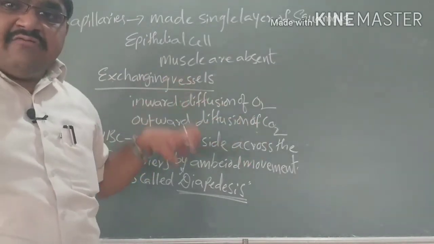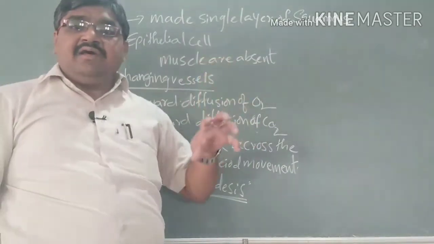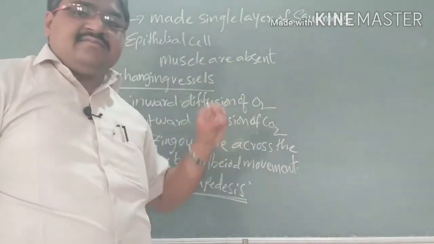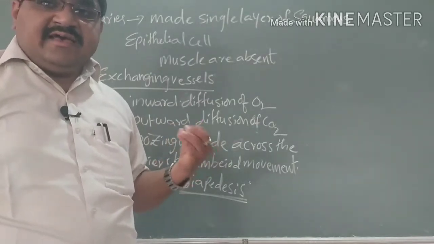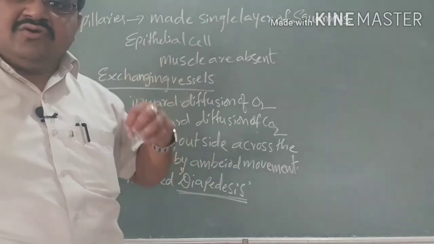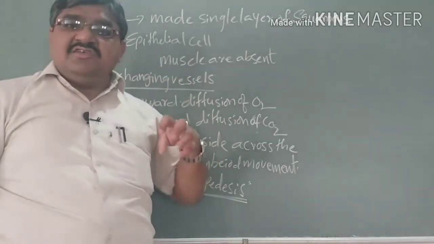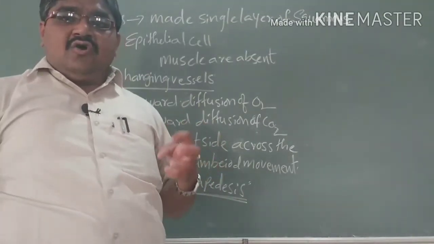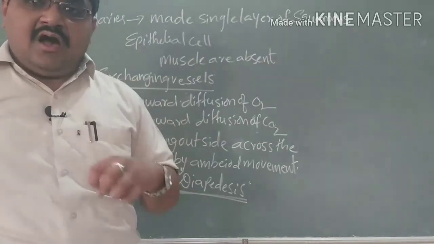These are the various functions performed by the capillaries, which are fine hair-like structures. All capillaries combine together to form venules. These venules develop into large veins. These veins carry the deoxygenated blood from different parts towards the heart.